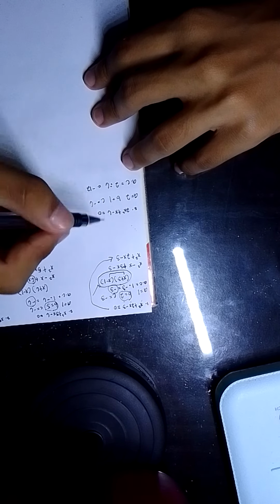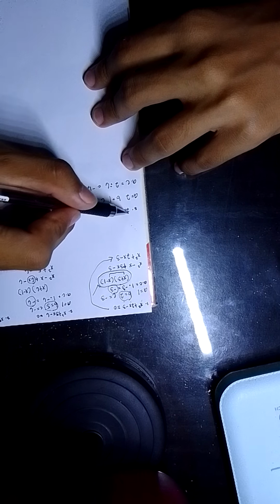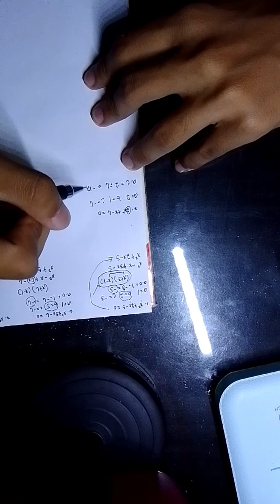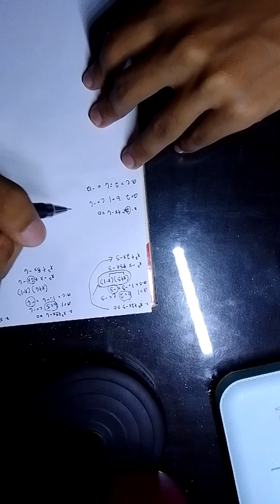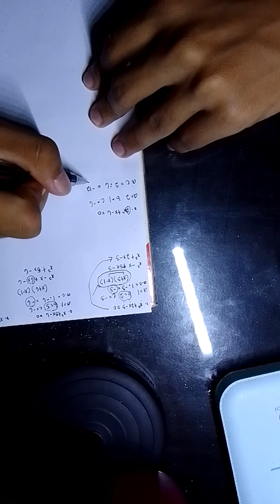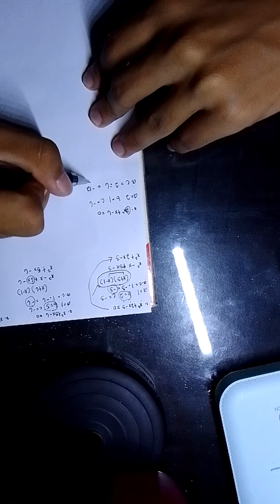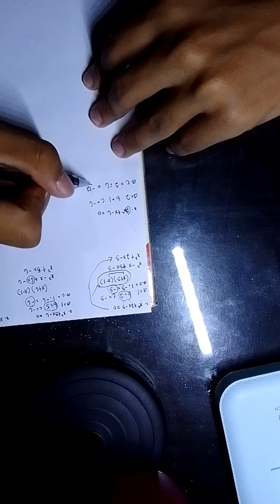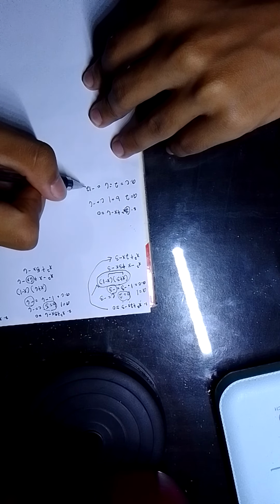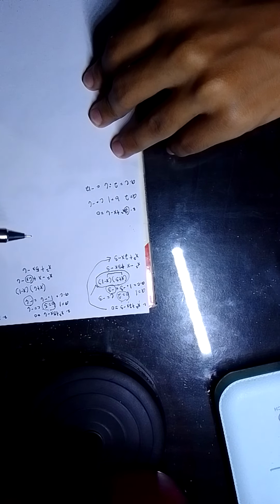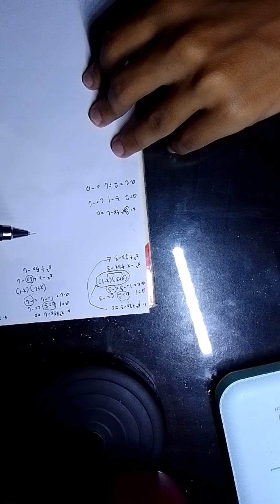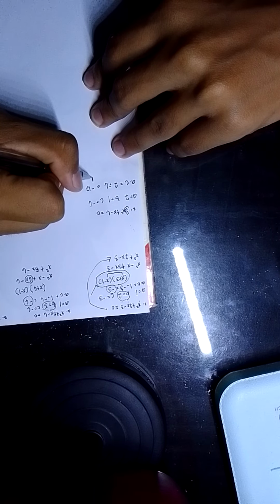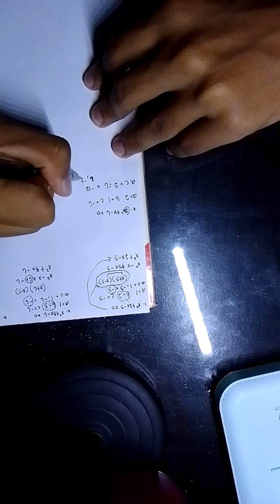And for our number 5, since there is a 2 here, our steps will be changed a little. First, we are going to find two numbers that if we multiply, the answer is negative 12. Then we have 6 and negative 2.